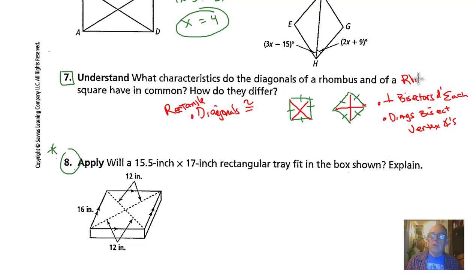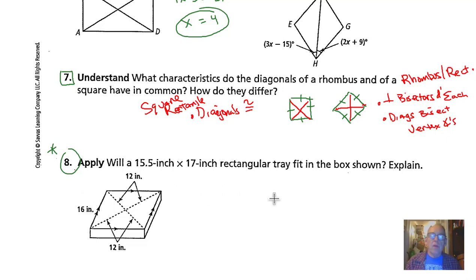What a rhombus and a square both have is perpendicular bisectors of each other, and the diagonals bisect the vertex angles. But in a rectangle or in a square, the diagonals are congruent. So that goes with the square. What else? That's really it that I can see.